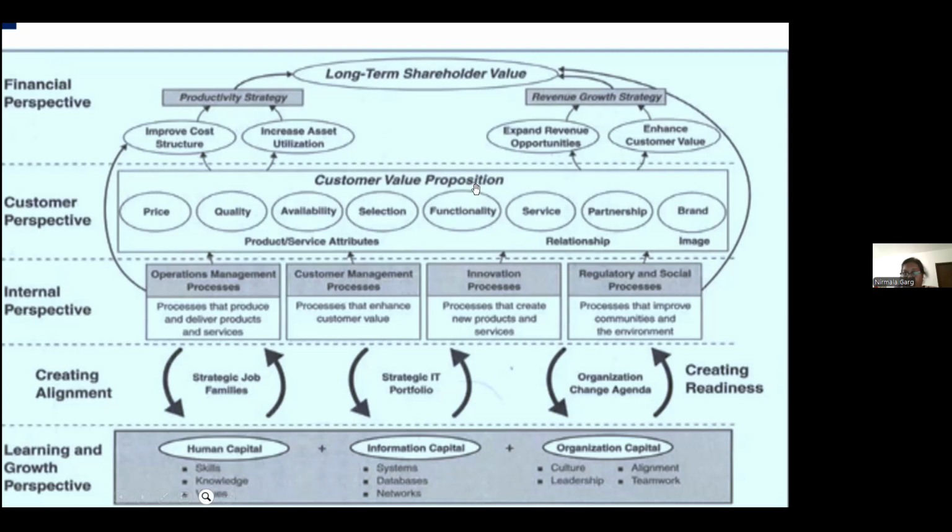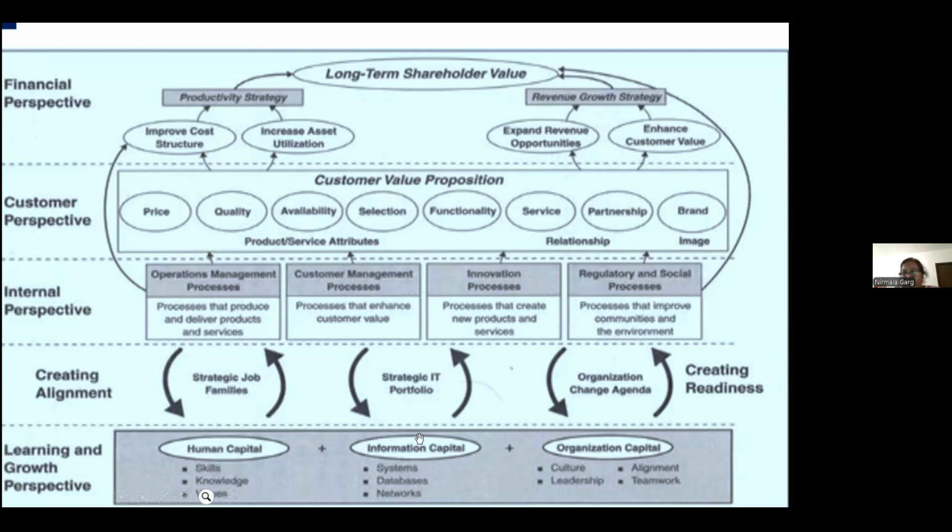Now, you could be in one of the value propositions: product leadership or customer delight or operational excellence. In order to give that, you will have various functions and job families and processes. Depending on if you are a creative company, innovation process, etc. Now, to run these processes, you need to have people.